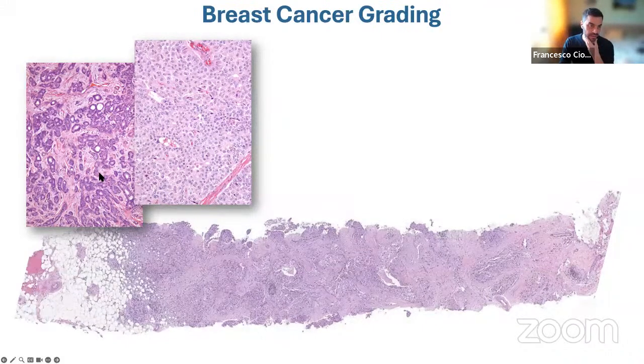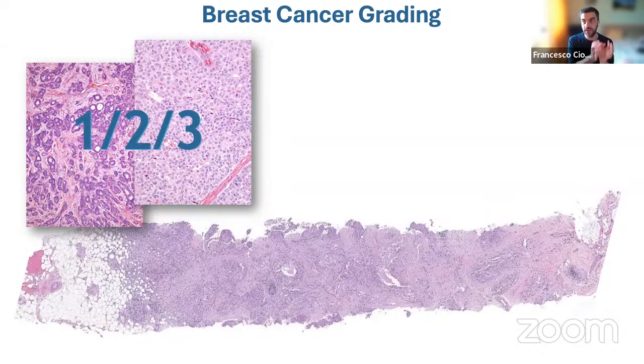On the left is a cancer that creates more tubules, so like these white holes, let's say, and on the right one is less. So you would say it has been seen that with more tubules, essentially, it's a higher grade, it's more aggressive. So pathologists have to really look at that, and they have to put the case into one of the 3 boxes, 1, 2, or 3, grade 1, 2, or 3, for the tubular formation.